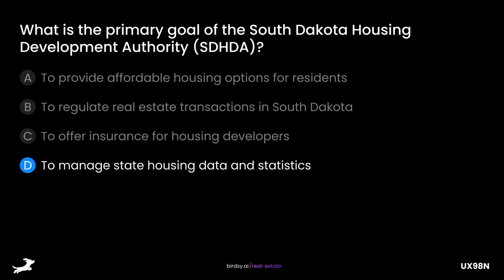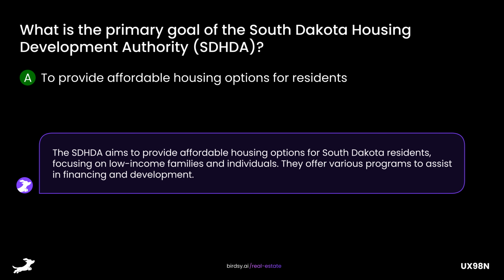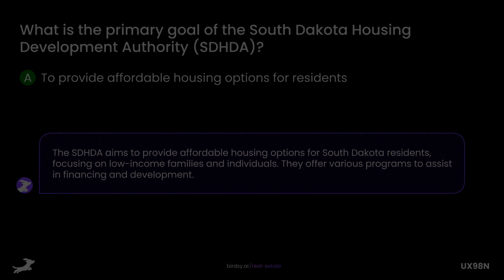Or D, to manage state housing data and statistics? The answer is A, to provide affordable housing options for residents. The SDHDA aims to provide affordable housing options for South Dakota residents, focusing on low-income families and individuals. They offer various programs to assist in financing and development.